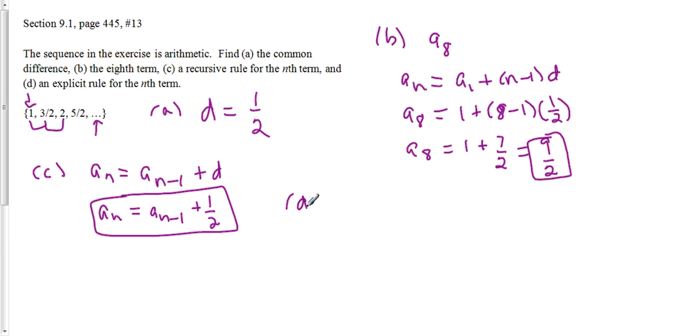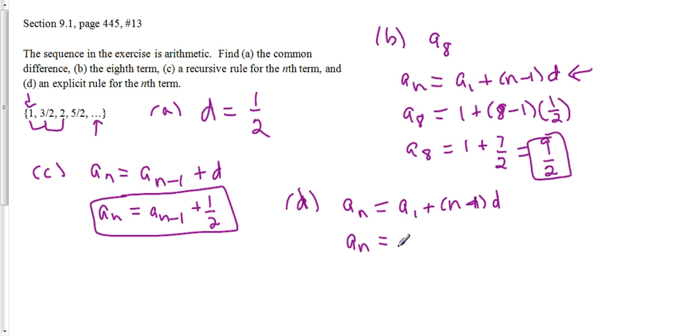And then finally, part D says to find an explicit rule for the nth term. Now, earlier when we were finding the explicit rule, we started with that general formula that we had, which said that an was equal to a1 plus n minus 1 times d, the same formula that we used up here in part B. And we're just going to substitute in the things that we know and then do some algebra.